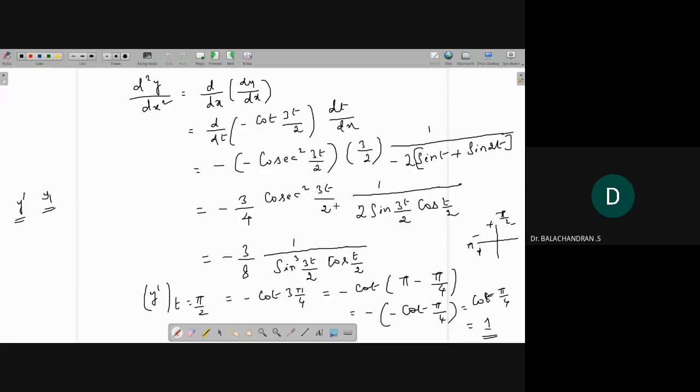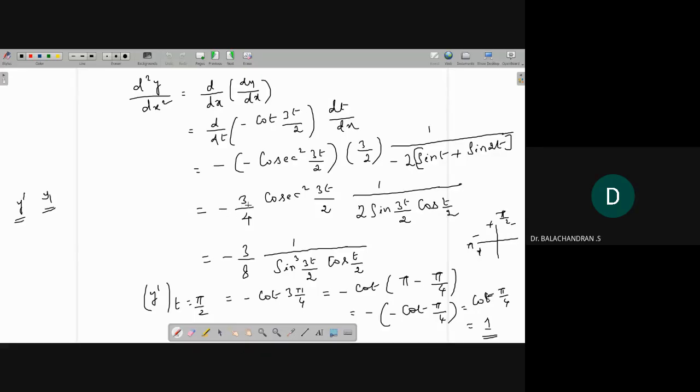And here again the sin c plus sin d formula: sin c plus sin d is 2 sin of c plus d by 2, so t plus 2t is 3t by 2, and cos of c minus d by 2. So c minus d is minus t by 2, and cos of minus x is cos x.